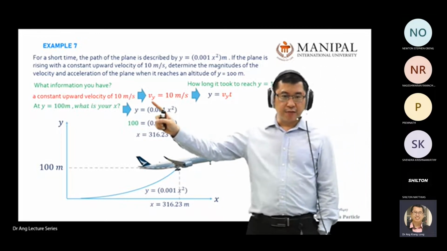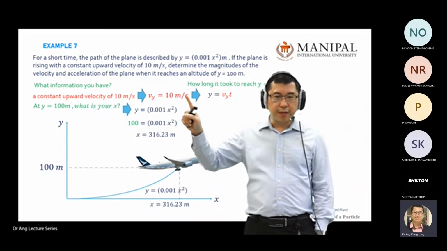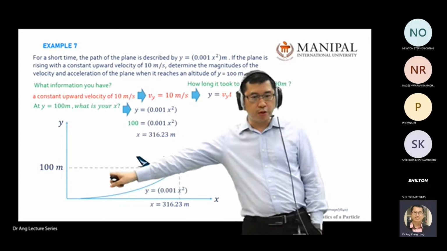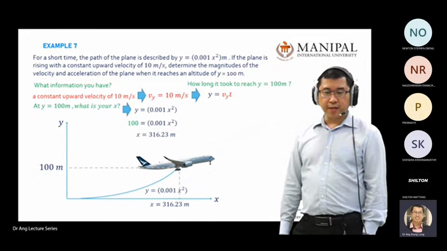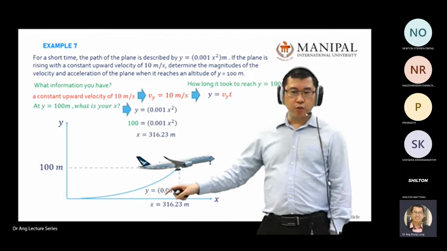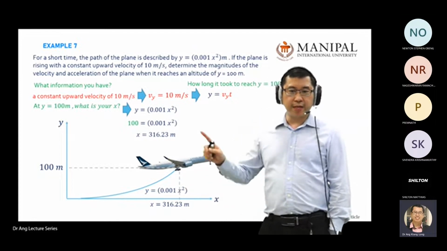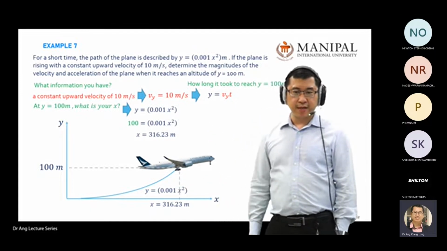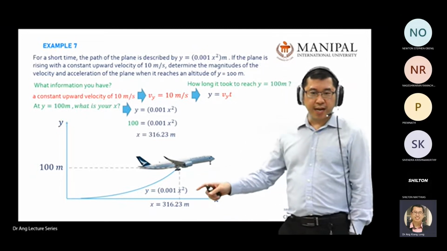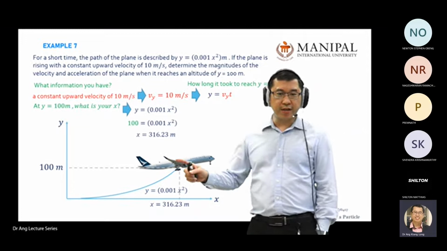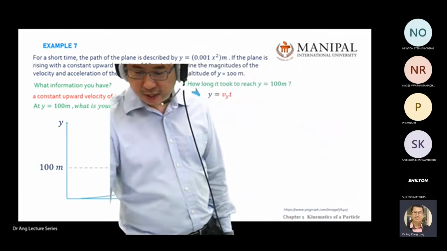If you know your upward velocity is 10 meters per second and you know your location at 100 meter, you should know the time to reach from 0 to 100. To reach 100 meter, what is the time you need? Let me ask a question to the class.